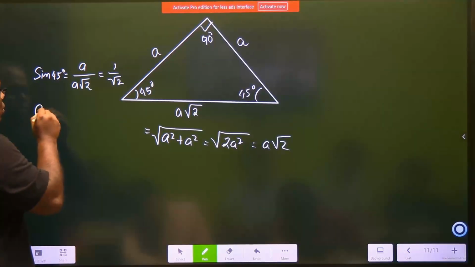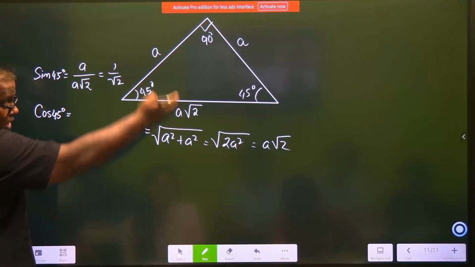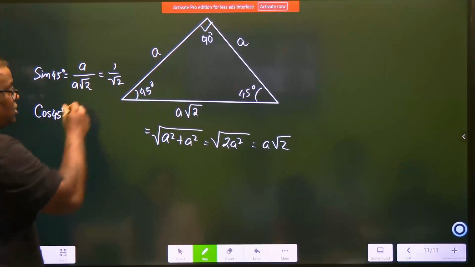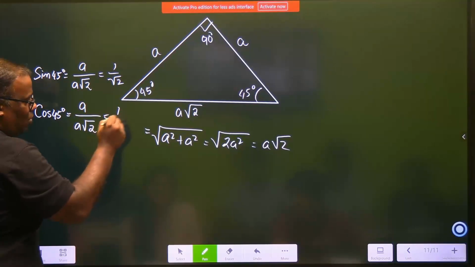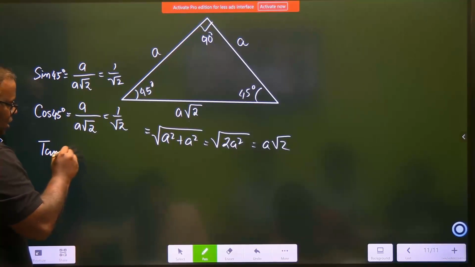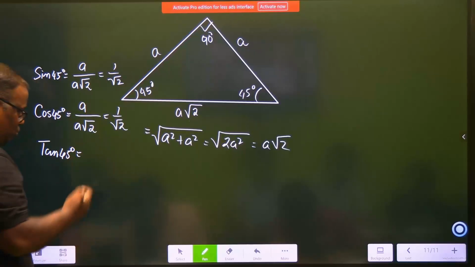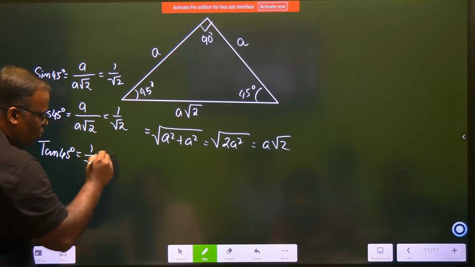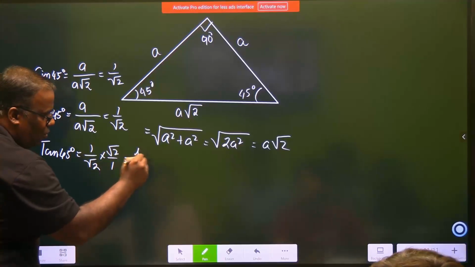And if you do cos of 45, it takes the adjacent, so it's the same thing. That's also 1 upon root 2. So tan is left with no other option. Tan says, I'm going to do 1 upon root 2 divided by another 1 upon root 2, which makes it 1 upon root 2 times root 2 upon 1. That makes it 1.